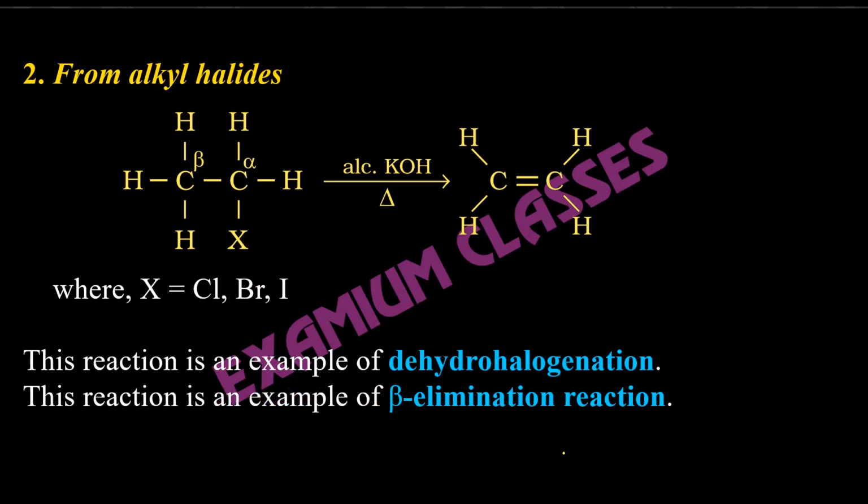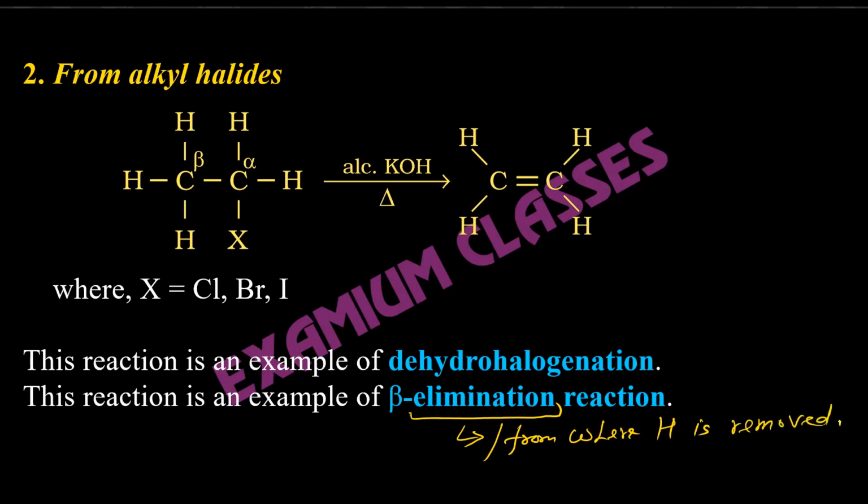Why? Whenever you see beta elimination reaction or gamma elimination reaction or alpha elimination reaction, it indicates the location from where hydrogen is removed.